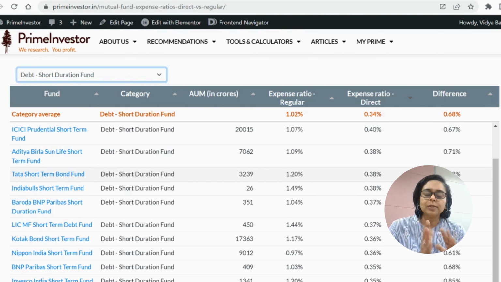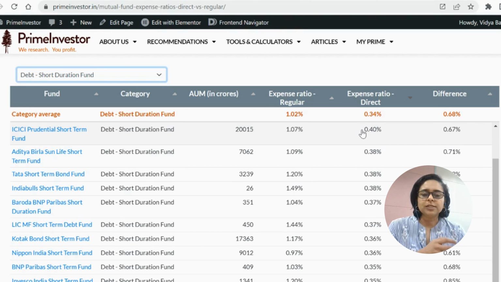So these are basically the three points to summarize. One, you look at the comparison with peers, and then you look at the differential between regular and direct. Where the differential is too high, especially higher than the category average, you are better off going with a direct plan. And all of this after looking at performance.